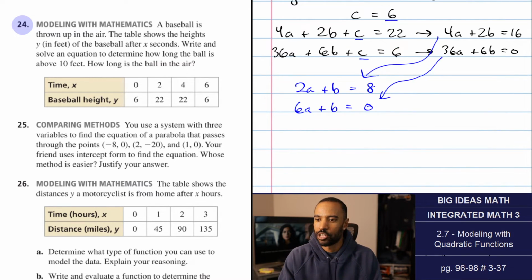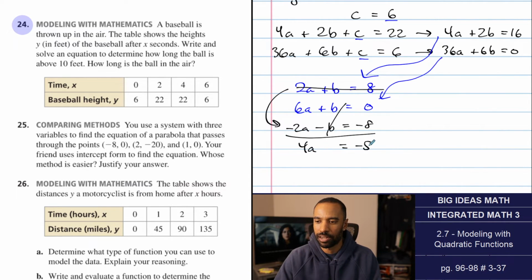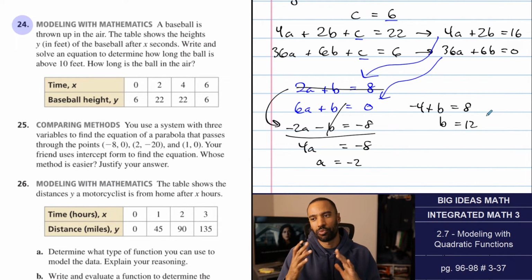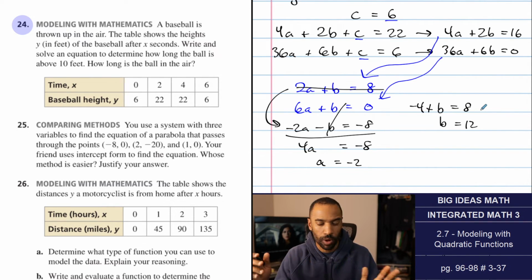All right, if I turn these into subtraction, negative 2a minus b is negative 8, then we can combine these. 6a minus 2a is 4a, these cancel, and you get negative 8, so a is negative 2. We can plug it into any of these equations to find b, even 2a plus b. So that's negative 4 plus b equals 8. Add 4 to both sides, and you get b equals 12. I'm doing systems of 3 a little faster than I used to because we did so many of them at the time, and this is just within one word problem.